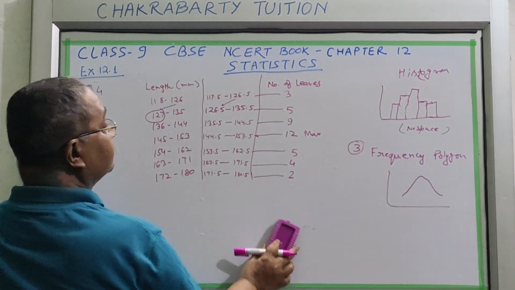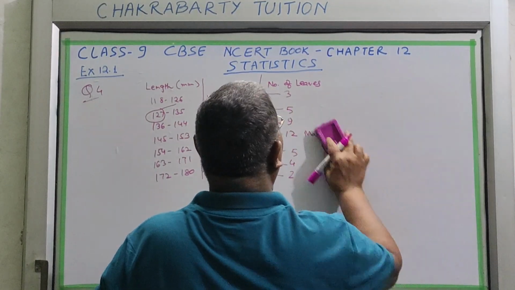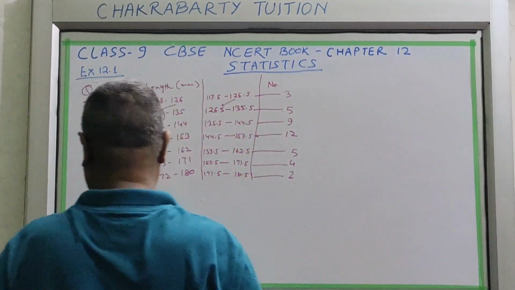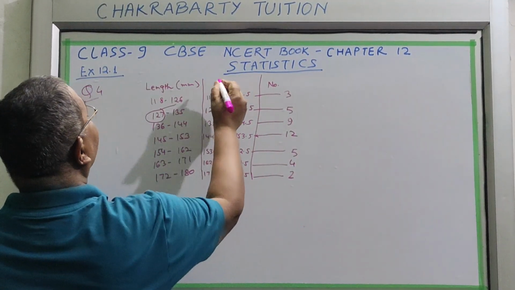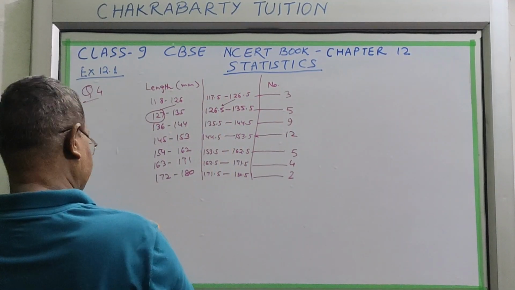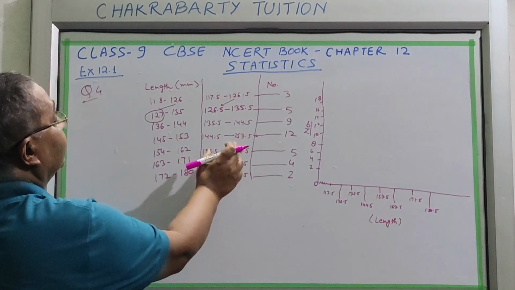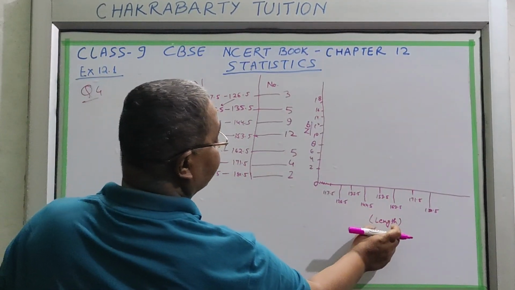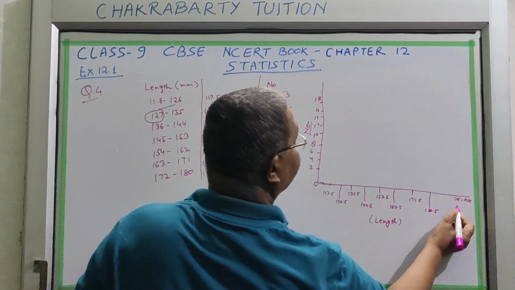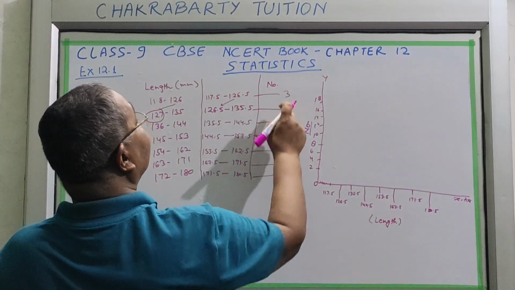Now we are going to draw a histogram for the given data. For drawing, we will take the continuous series values. This we have plotted on the x-axis, and on the y-axis we are plotting the number of leaves.